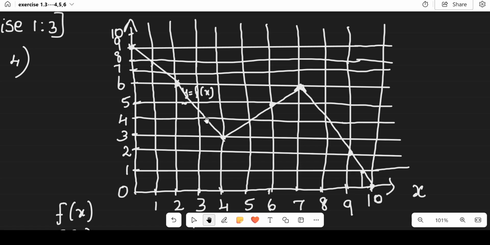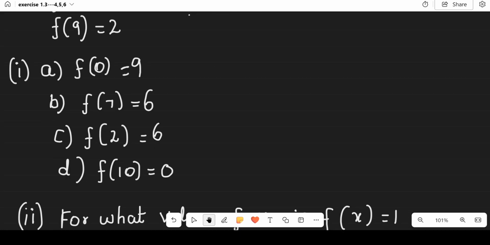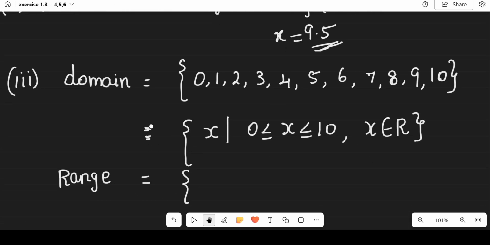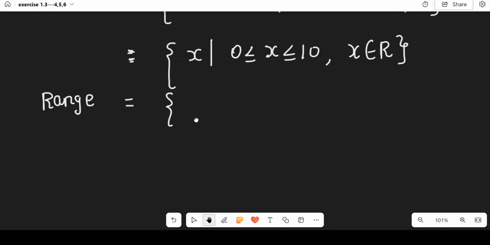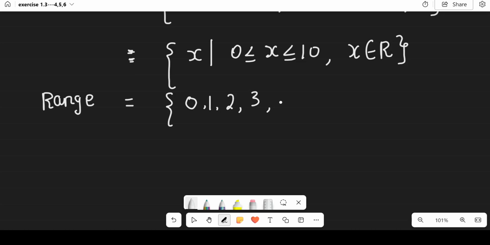Why? Because the function line is coming only up to here. So this line is not including the number 10. So we have to write 0 to 9. The range answer is 0 to 9: 0, 1, 2, 3, 4, 5, 6, 7, 8, 9.